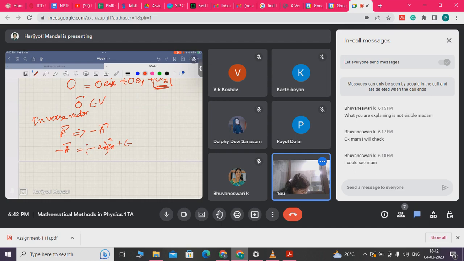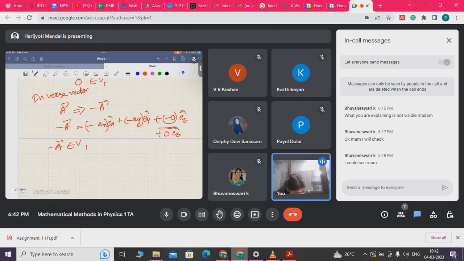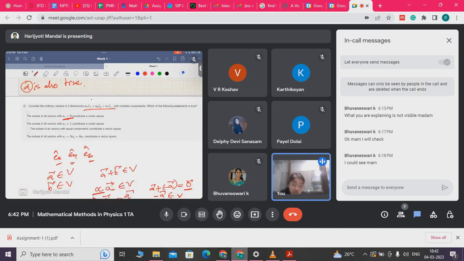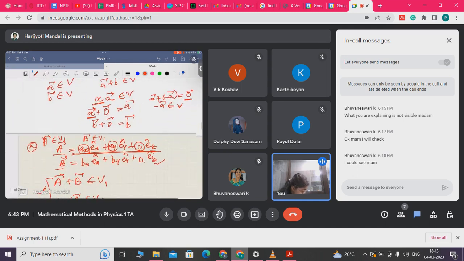So minus A will be minus Ax Ex, minus Ay Ey, plus minus 0 Ez. Minus 0 is still 0. So minus A also belongs to V1. So these four conditions have been satisfied. So we can say statement A is true. We'll see if statement B is true or not.